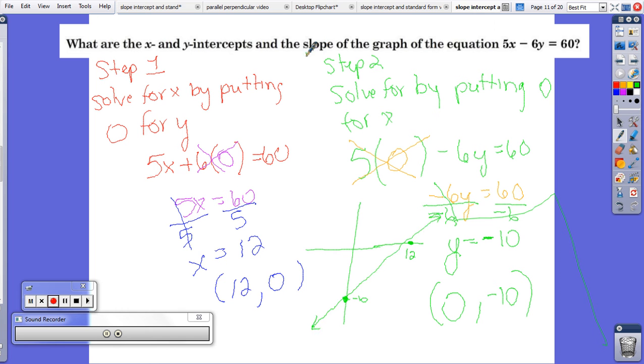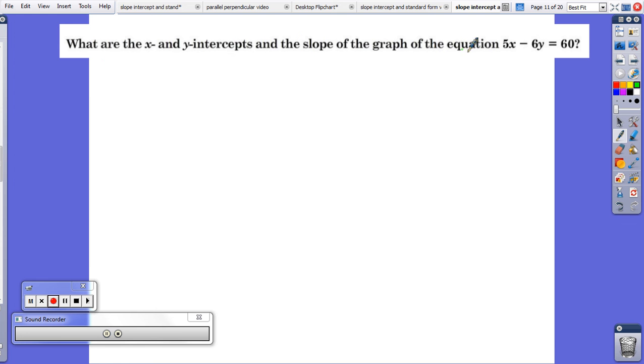So now the last thing we need to do is find slope. Okay. So in order to find slope, we need to rewrite this in y equals mx plus b format. Okay? So 5x minus 6y is equal to 60.